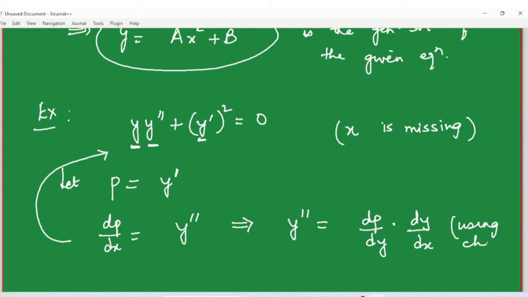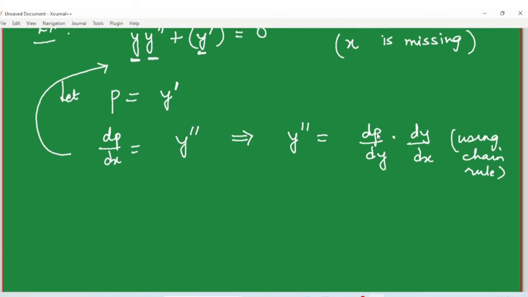This simple application of chain rule helps me to get rid of the dx term, because dy by dx is what is your p. So essentially you have written y double dash as p into dp by dy, so that there is no dx going into the equation, because x is missing. We want it to remain missing. Otherwise we'll have three variables in the system and we'll not be able to solve it.